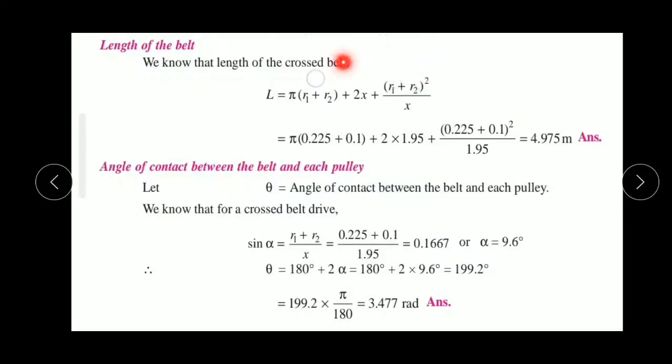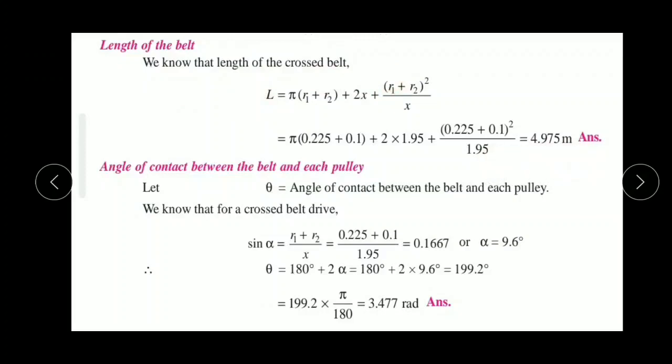This derivation was discussed in the previous video. If you did not attend that class, you may refer to the previous video. By putting the values of R1, R2 and x, we get the length of the cross belt as 4.975 meter. This is one of the answers. The length of the cross belt is 4.975.